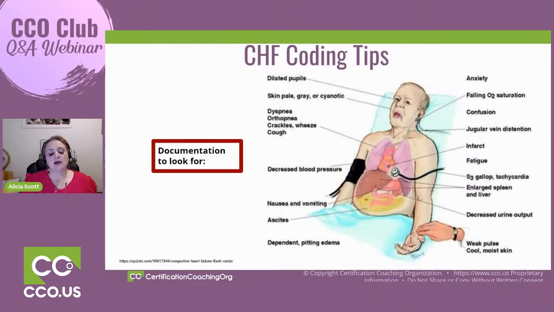All right. Moving on to the coding tips, we got to think about the documentation. What are we going to see? Now, these are things that, again, you don't have to have memorized, but the reason I wanted to add this slide and give you this graphic when I found it, I thought, wow, this is excellent, because this is what you're going to see in the documentation, especially from cardiology.